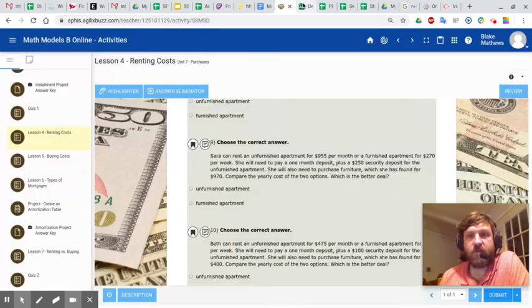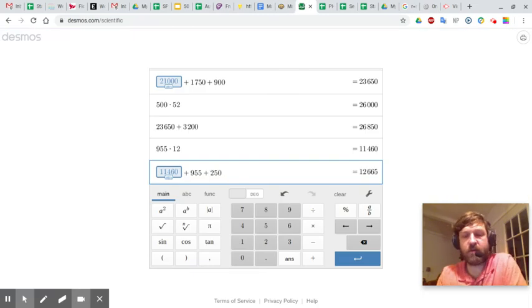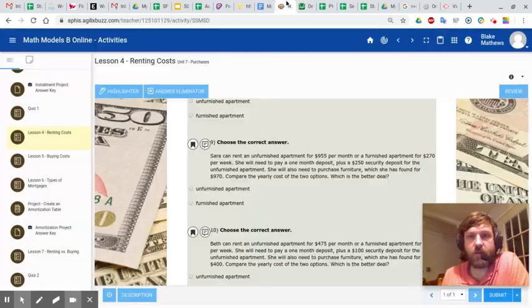We have a security deposit of $250, and we have furniture costing $970. So we added this monthly plus $250 plus 1 month plus the cost of the furniture.